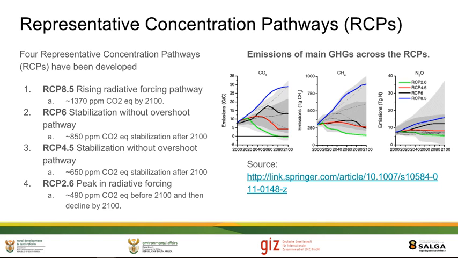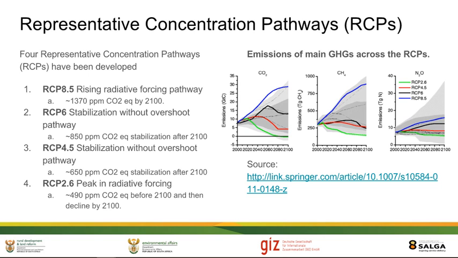The 4 RCPs that have been developed are RCP 8.5, which is the least optimistic pathway and predicts a future with more than 1,370 ppm carbon dioxide equivalent by year 2100. This pathway is shown in blue on the graph on the right. RCP 6, which will result in 850 ppm carbon dioxide equivalent by year 2100. This pathway is shown in black on the graph.